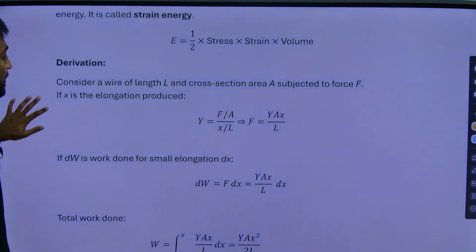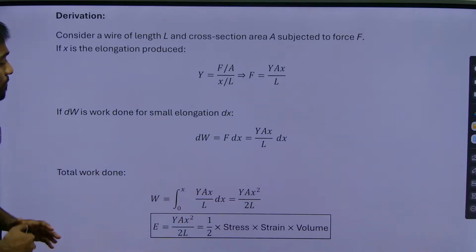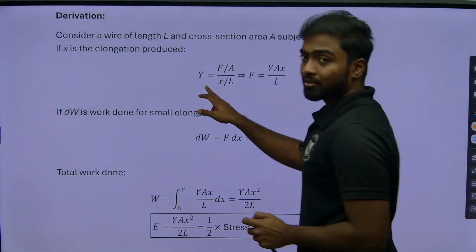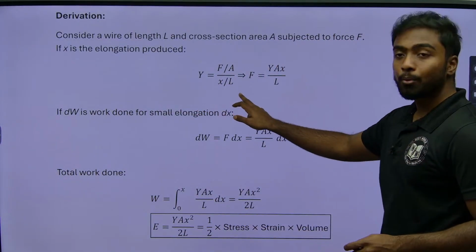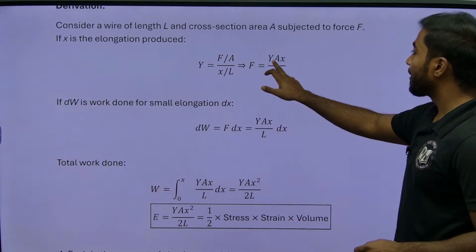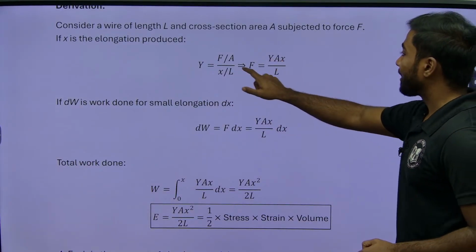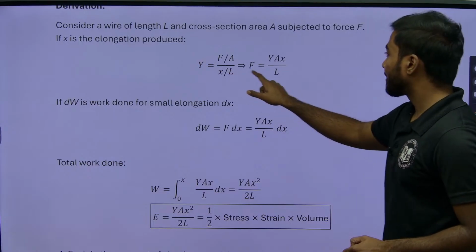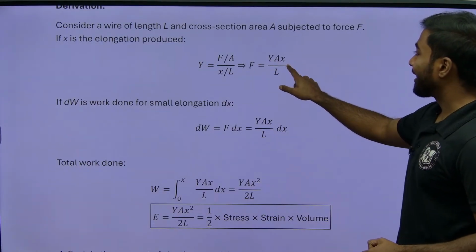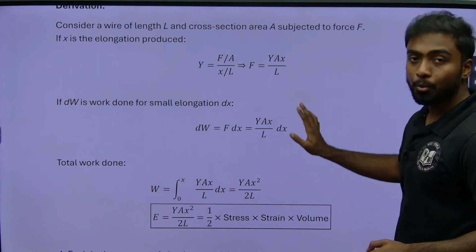And when we talk about the derivation, this is the derivation. Young's modulus is force by area divided by change in length by original length. So force is nothing but Young's modulus times area times change in length by original length.